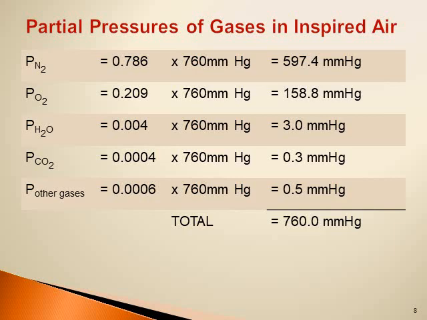The partial pressure of oxygen, that represents about 20.9% of the atmospheric air, is 158.8 millimeter mercury, and for hydrogen is about 3 millimeter mercury, and for carbon dioxide 0.3, and other trace gas is 0.5. If we take the total of all these partial pressures according to Dalton's law, we'll get the total pressure of the gas, which is the atmospheric air pressure at sea level, 760 millimeter mercury.